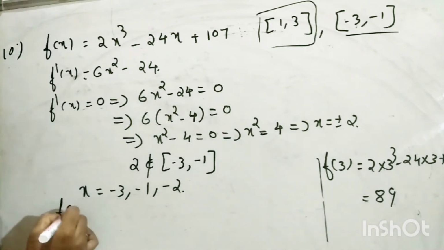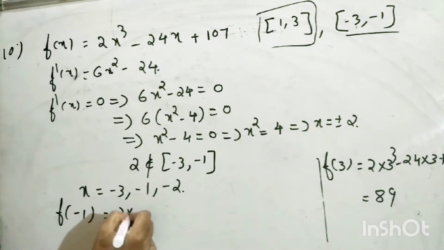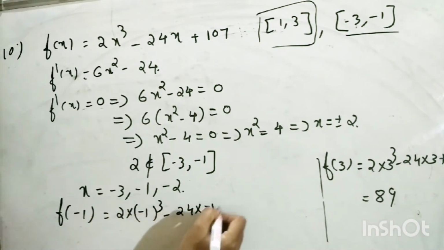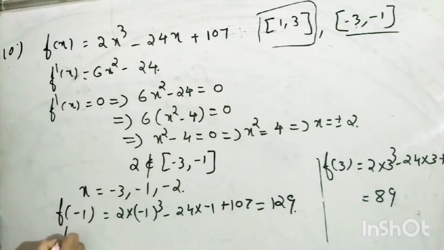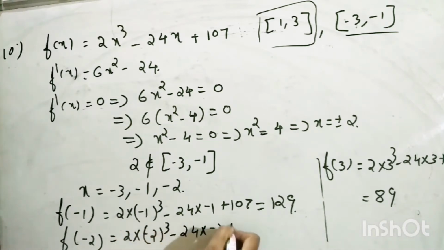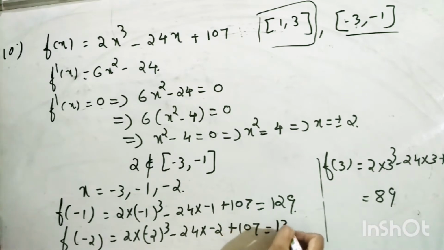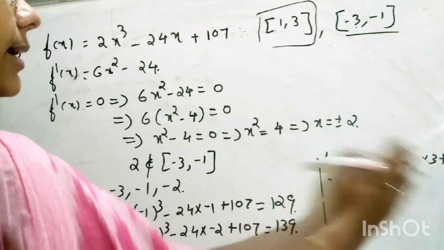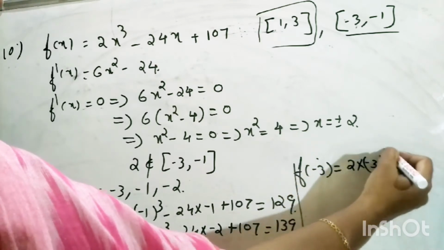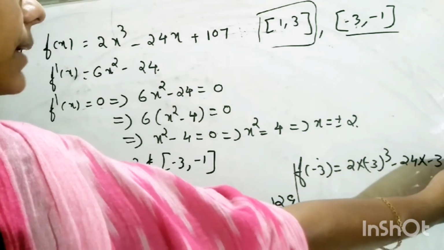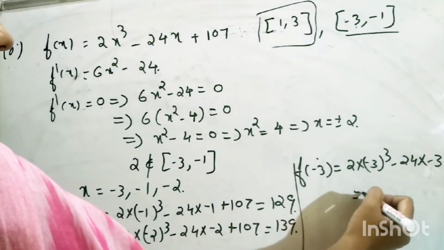Now f of minus 1 is equal to 2 into minus 1 all cube minus 24 into minus 1 plus 107, and it is equal to 129, and f of minus 2 is equal to 2 into minus 2 all cube minus 24 into minus 2 plus 107, it is equal to 139, and f of minus 3 is equal to 2 into minus 3 all cube minus 24 into minus 3 plus 107, and that is equal to 125.